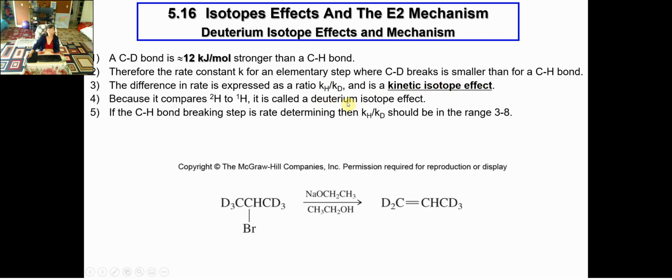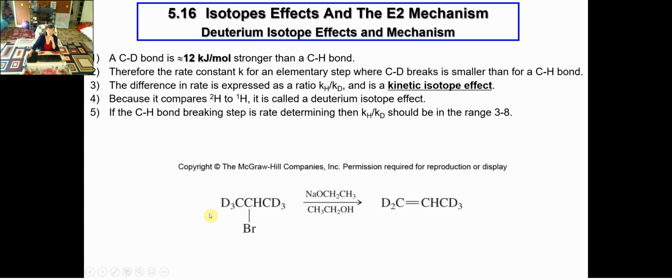Because it involves deuterium, people also call it the deuterium isotope effect. Normally the carbon-hydrogen or carbon-deuterium bond breaking step is the rate determining one, and then your KH over KD is usually in the range of 3 to 8, depending on the different number of carbons.